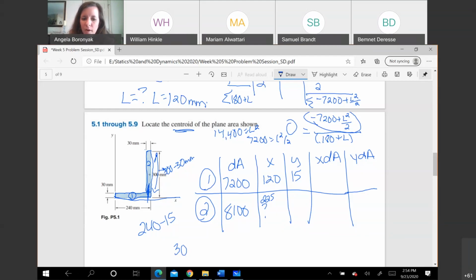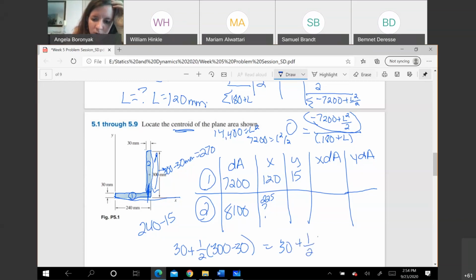And then I need half of my total y distance there, which was 300 minus 30, 270, divided by 2, so half of 270 to get half its height.